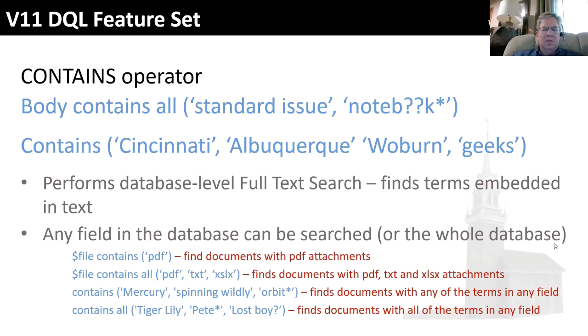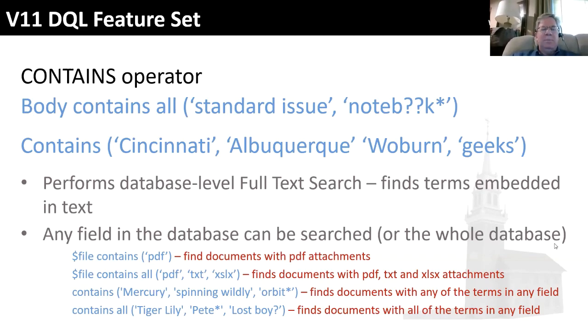So in this case, I give you two examples. The body field contains a standard phrase, or, and you can see right here, we have support for wildcarding, notebook. I'm looking for notebooking, anything that has any two letters: a question mark is a single-character wildcard, the asterisk is any number of characters following that.